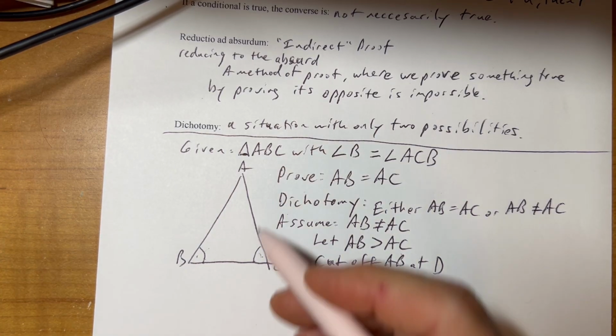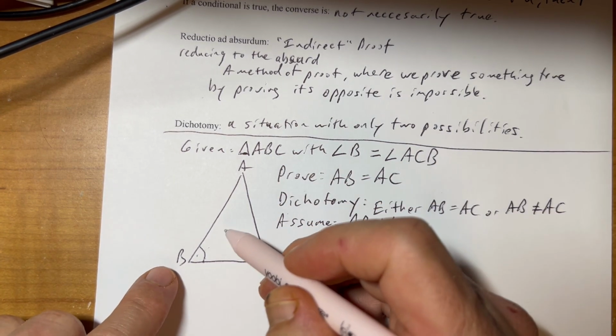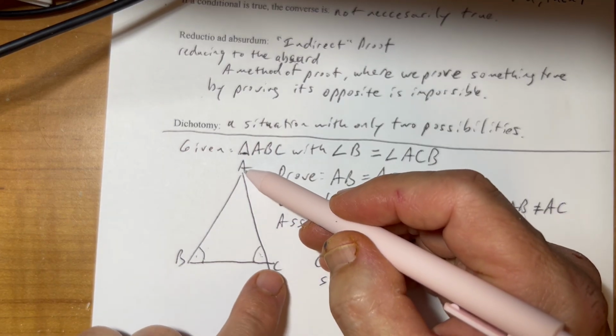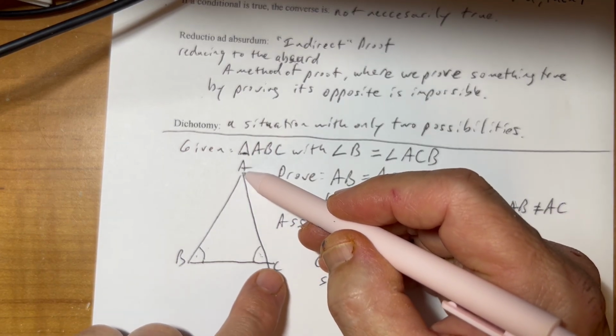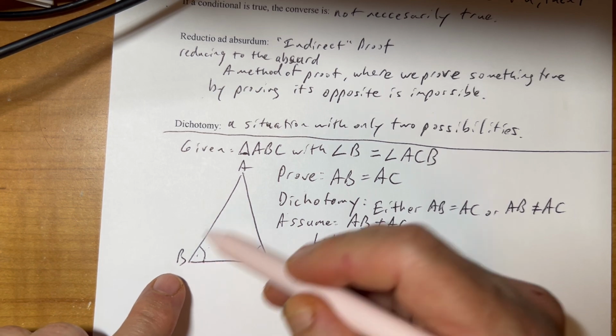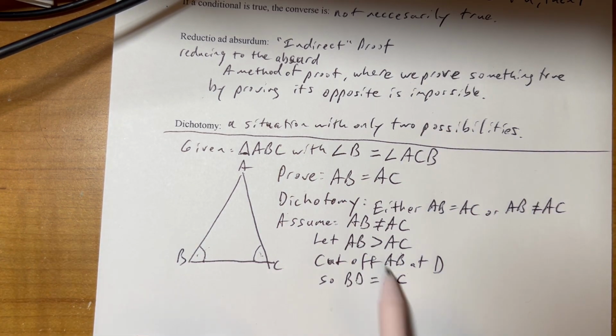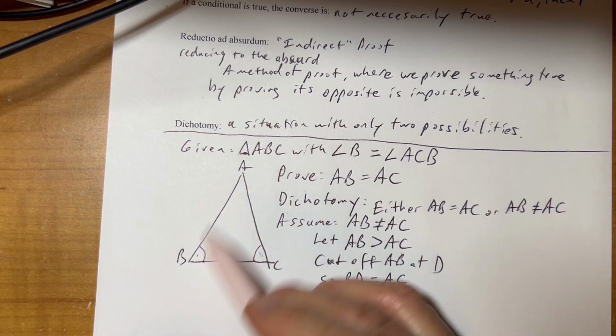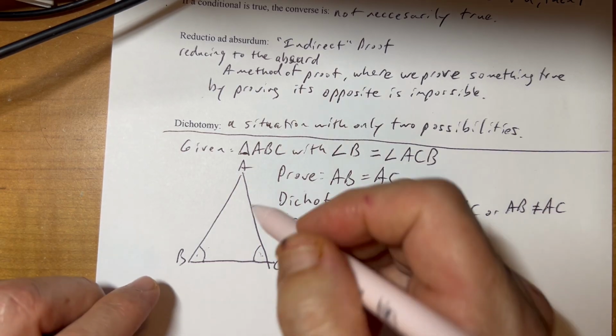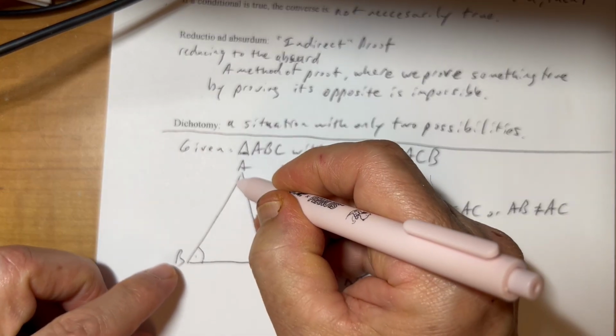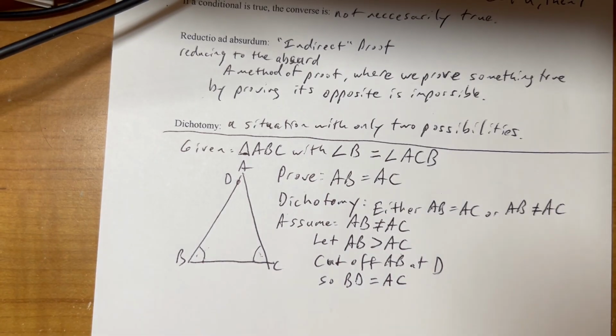All right? So what you have to do is take AC, which we're going to eventually prove is equal to AB, but we're just pretending for the sake of the proof that AB is actually bigger. Okay? And so we're going to pretend to cut it off, let's say right there.